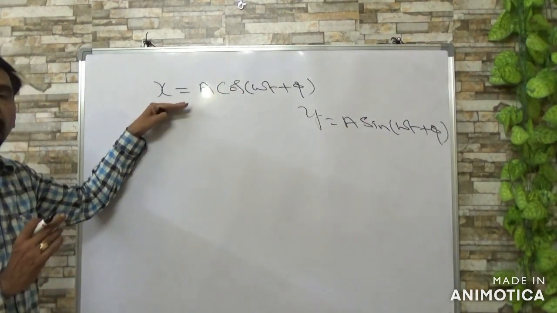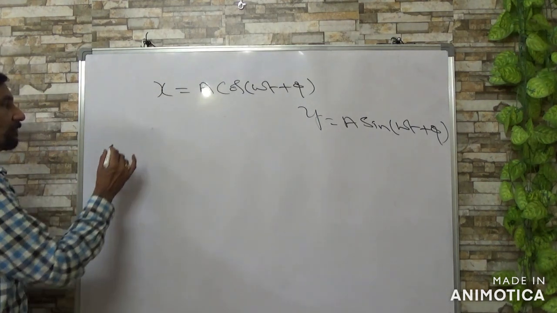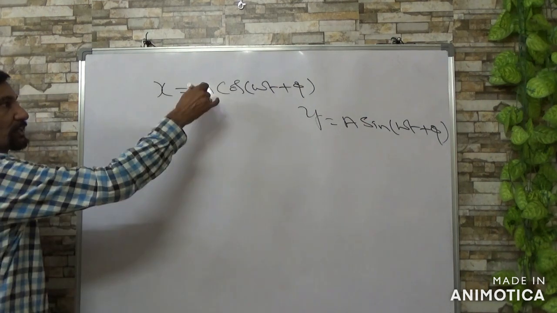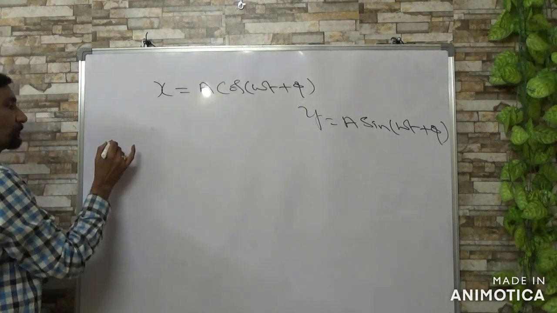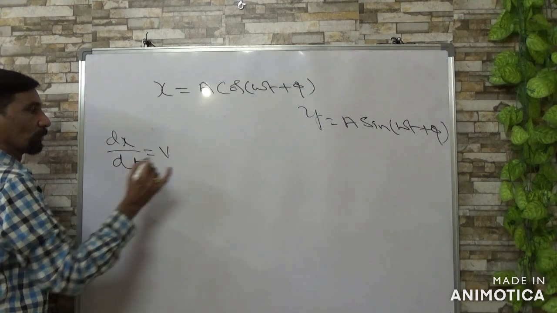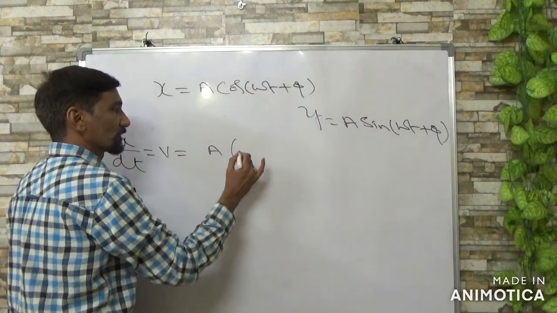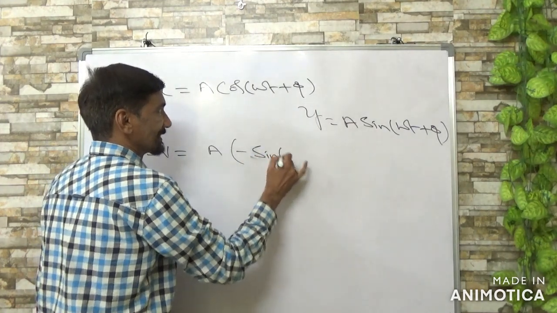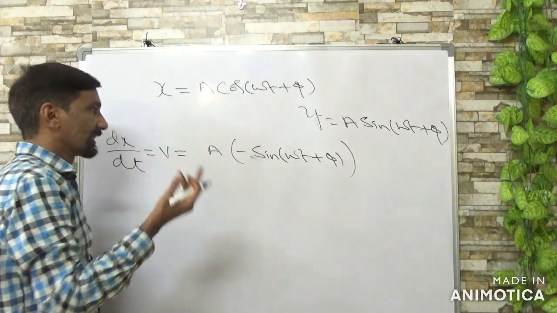So whenever displacement is differentiated with respect to time, you get velocity, right? So differentiating this equation with respect to time, dx by dt equal to velocity, which is equal to A into the differentiation of cos, you all know it is minus sin, with respect to t.